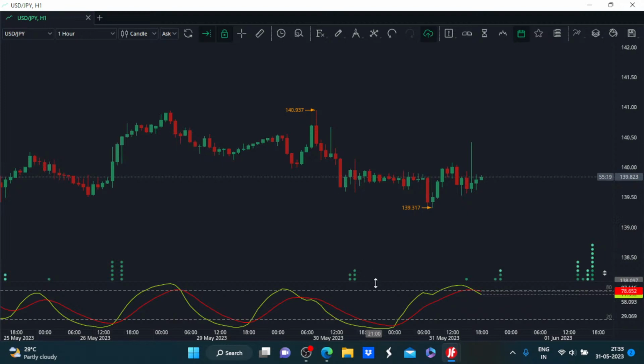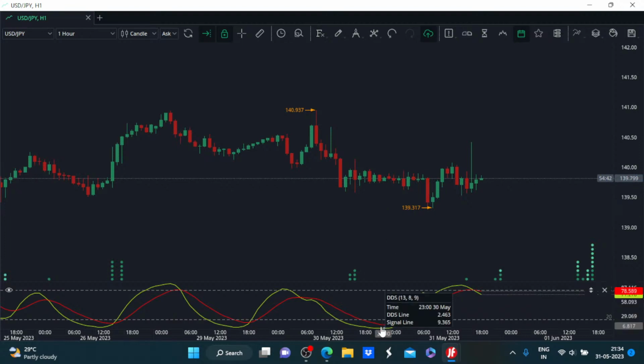So when we have the indicator in extreme territory, that is above 80 on the higher side and below 20 on the lower side, and after having reached these extreme levels, if we see signs of reversal coming into play, and if there is a signal line and DDS line crossover in the opposite direction, then we start looking for opportunities to go in with the flow and take that trade.